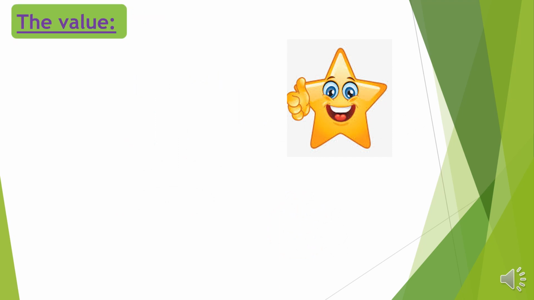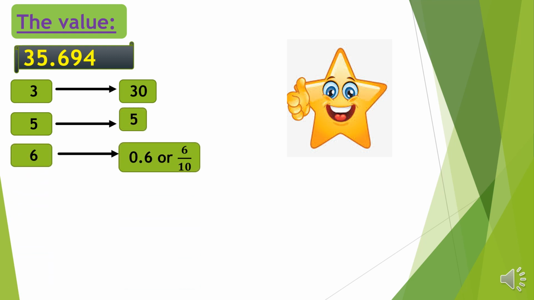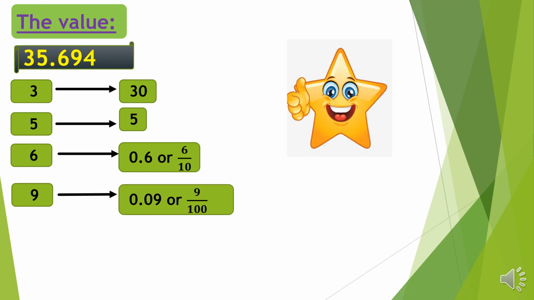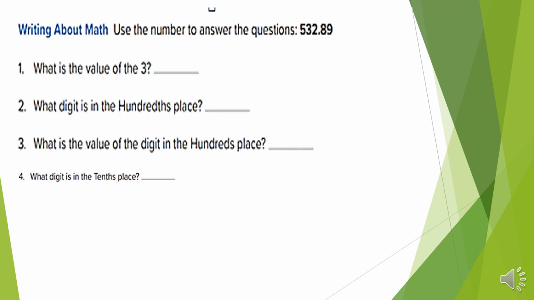So let's move to the value. The value of 3 is 30, and the value of 5 is 5, and the value of 6 is 0.6 or 6 over 10. The value of 9 is 0.09 or 9 over 100. And last one, the value of 4 is 0.004 or 4 over 1000.